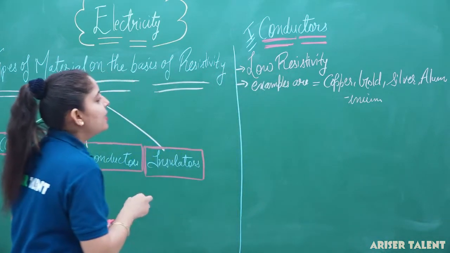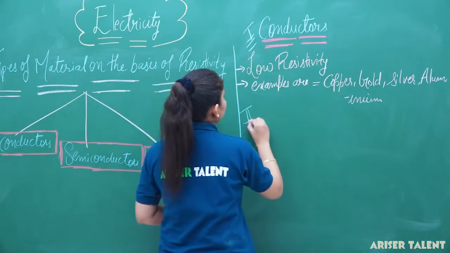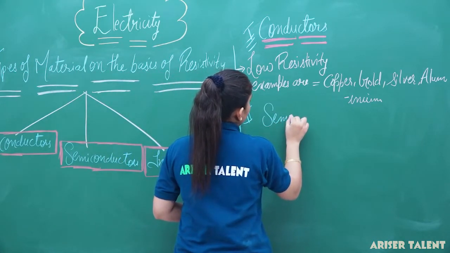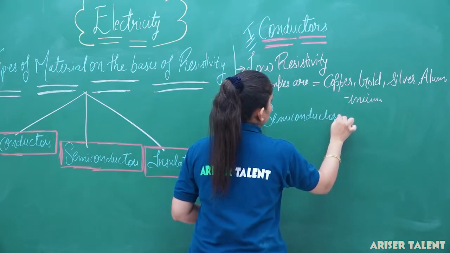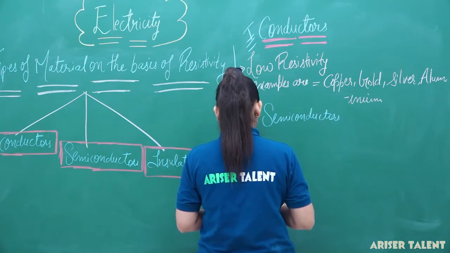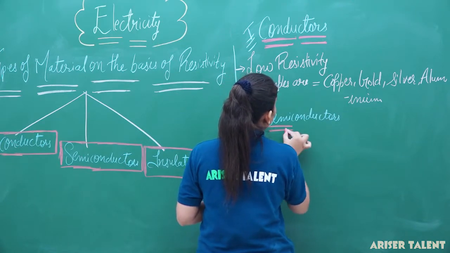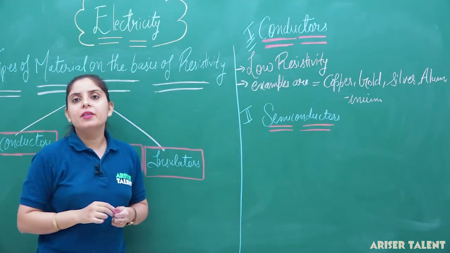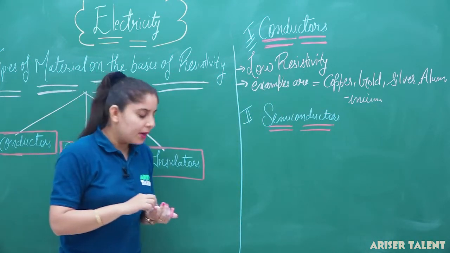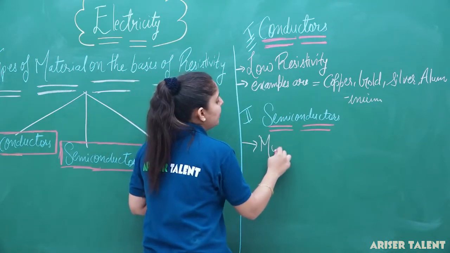The second category we are discussing is the semiconductors. Semiconductors have a resistivity that lies moderately between the conductor and the insulator. So, it has a moderate value of resistivity.